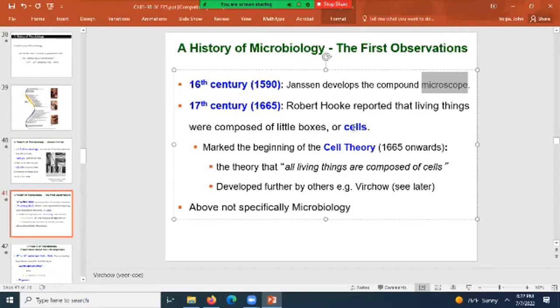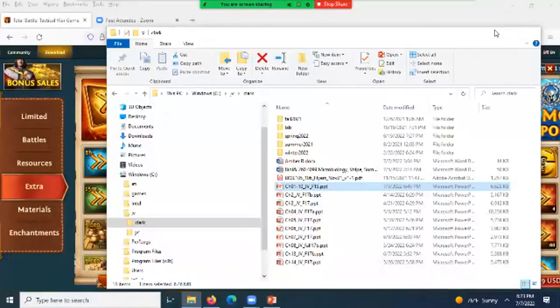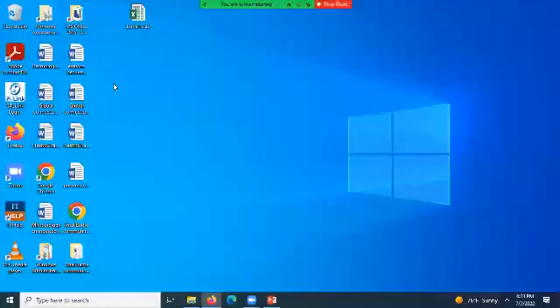The next important event in the history of microbiology was Robert Hooke used a microscope and saw the first living cells. Let me bring up a window of paint.